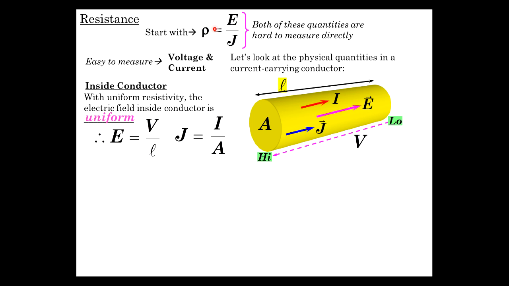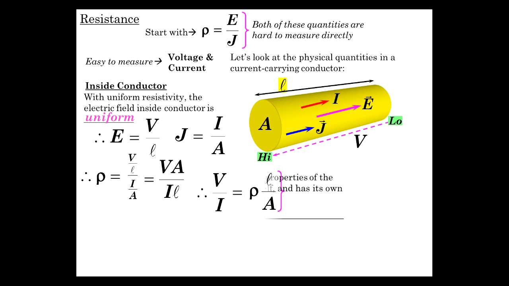Oh, so resistivity is E over J, so it's V over L over I over A. There it is. Which gives us VA over IL. So VA over I then is rho L over A. Well, this is kind of special.